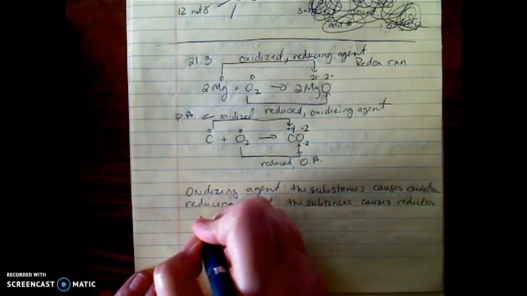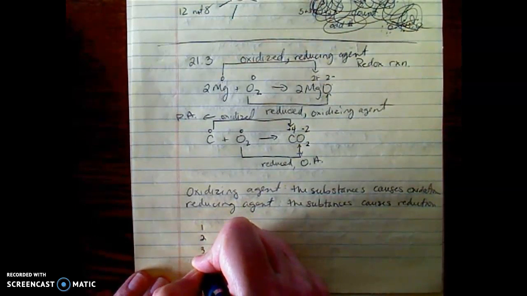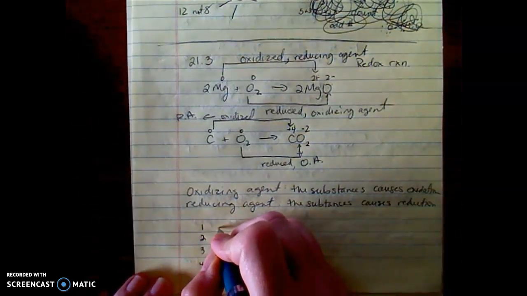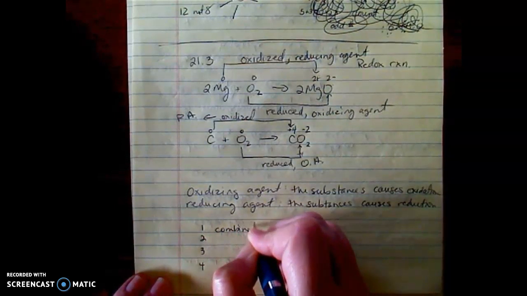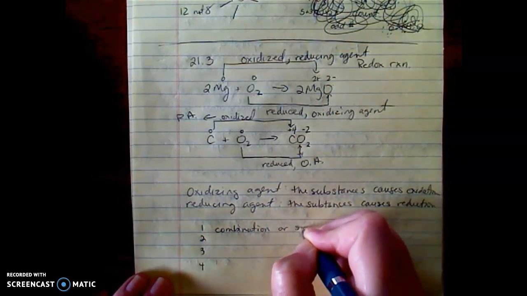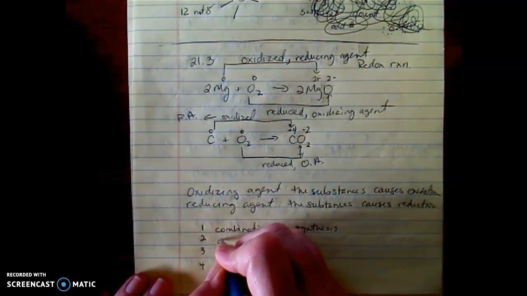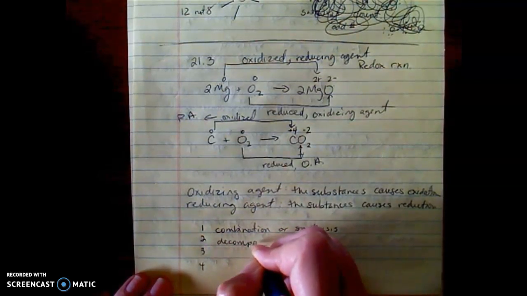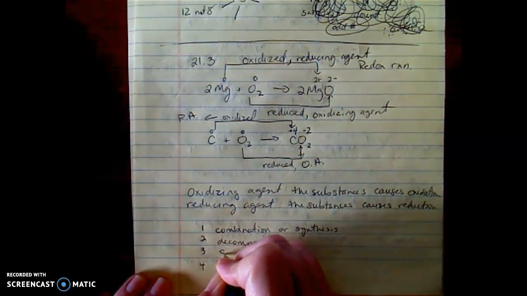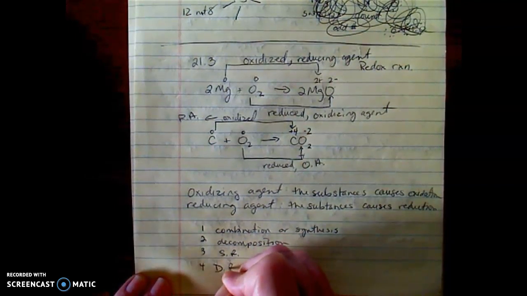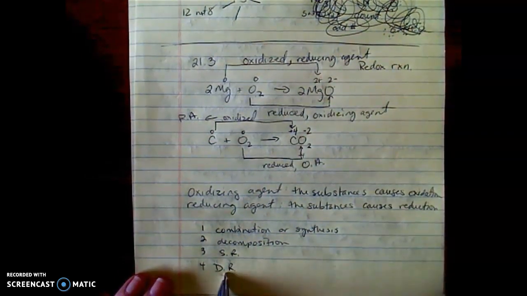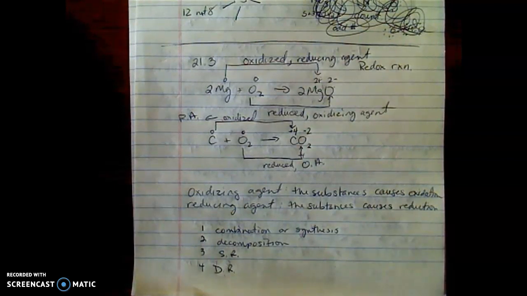Again, you have to have a change in its oxidation state for it to be a redox reaction. But remember, we learned a while back, we have 4 types of reactions. You have your combination or synthesis, decomposition, single replacement, and double replacement. Now remember, double replacement always occurred when you had 2 aqueous solutions, the ions switch places, and then it forms a precipitate or a gas or water.